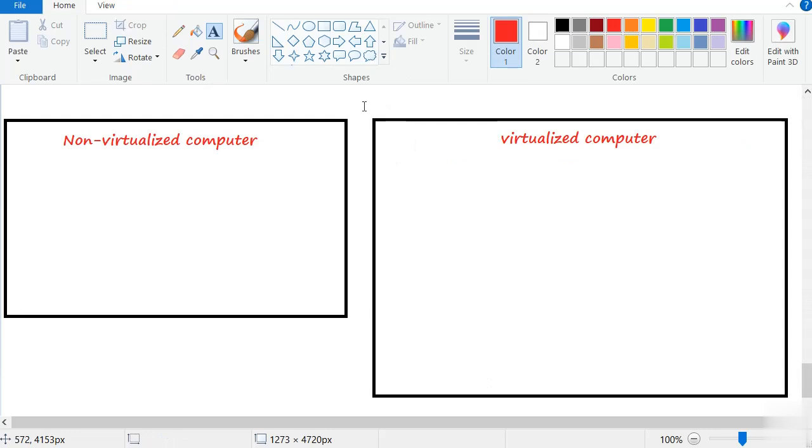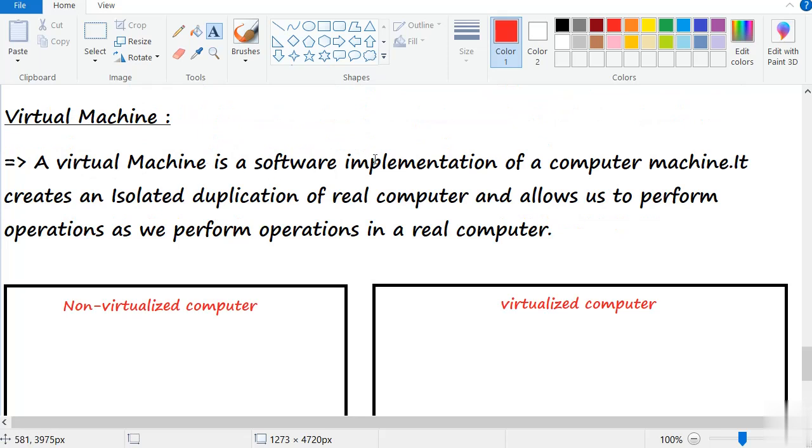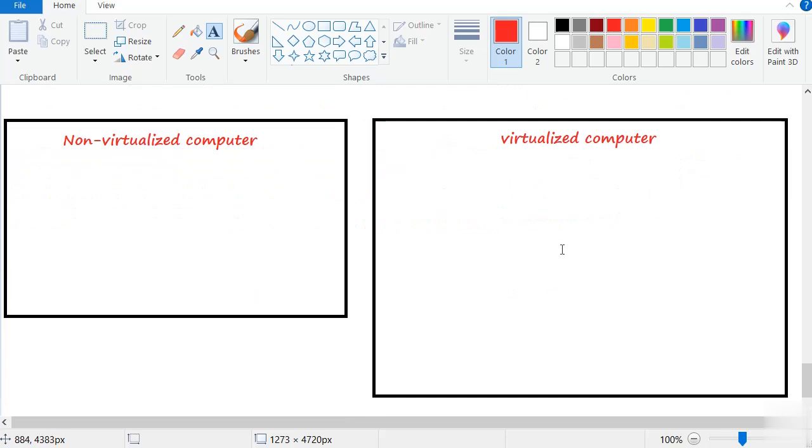Nowadays all the computers, all the operating systems are following virtual machine software implementation. Nowadays, whatever laptops and computer CPUs are designed, all are designed based on virtual machine software implementation. Those are nothing but virtualized computers.